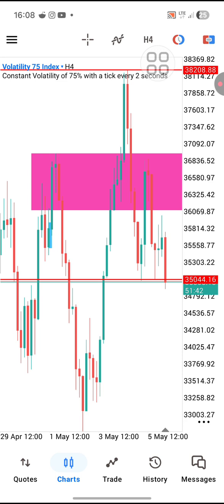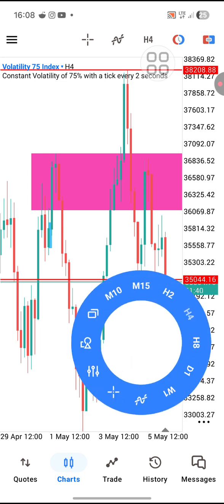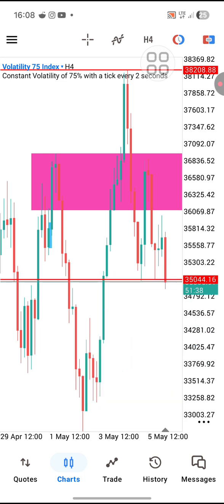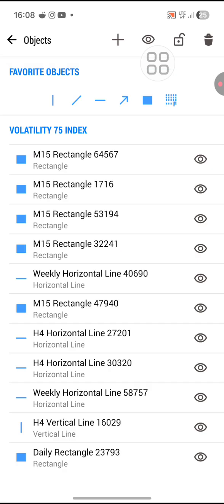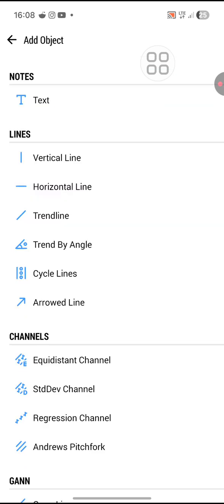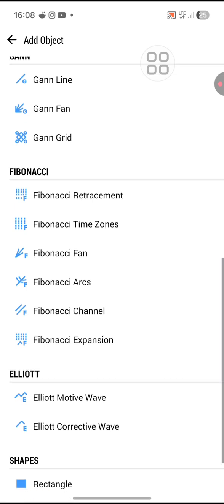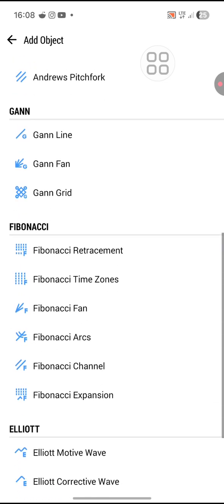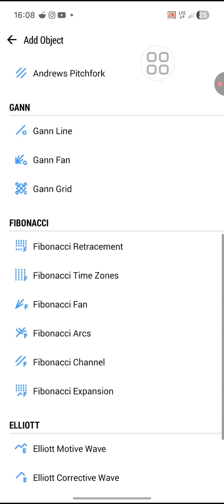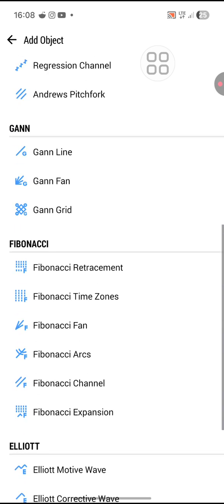What do I want to show you? Stop loss. Okay. So here's a stop loss. Rectangle. Fibonacci.